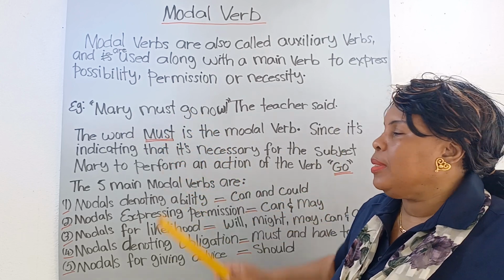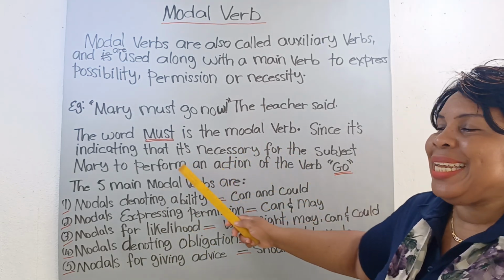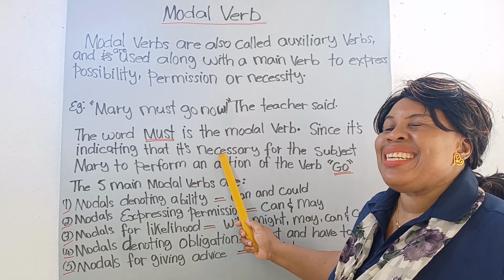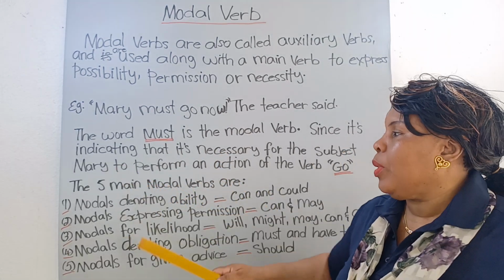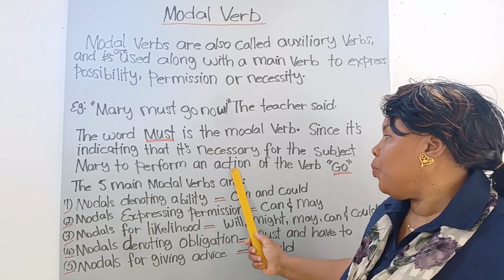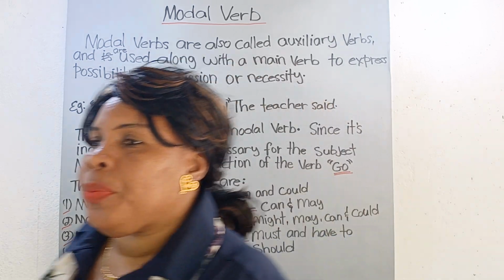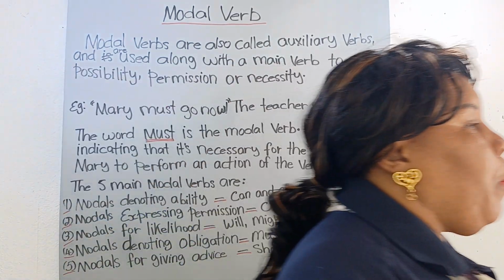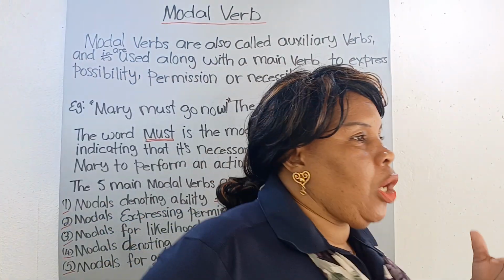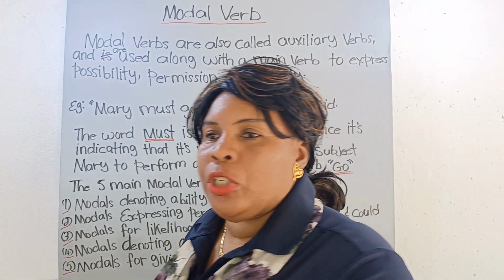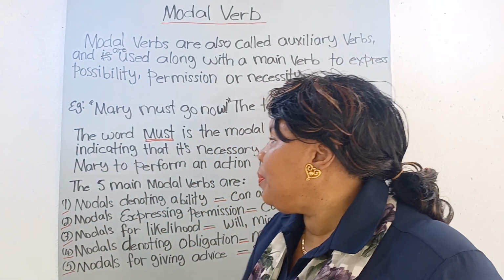The word must is the modal verb since it's indicating that it is necessary for the subject, Mary, to perform an action of the verb go. So Mary has to do the action. Mary has to get up and go. Mary has to move about. Mary has to go to the shop, to church, to the bathroom. Mary just has to go.